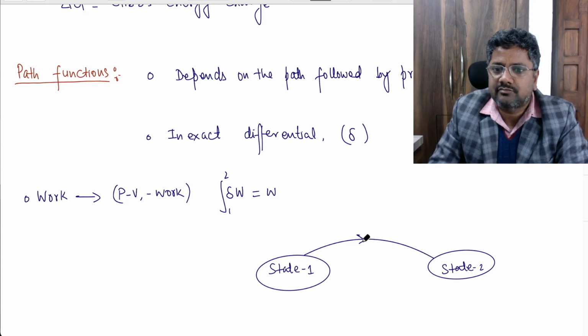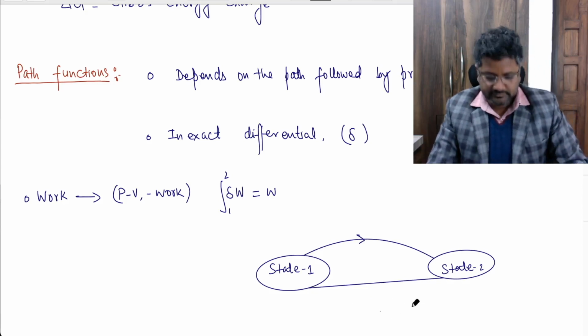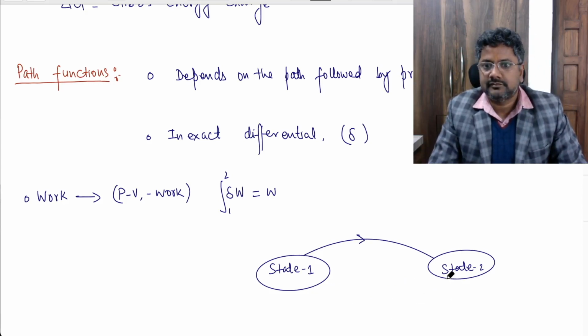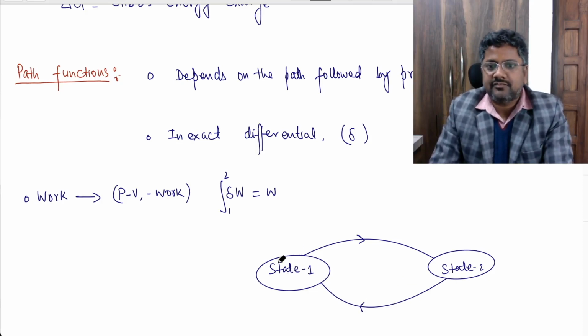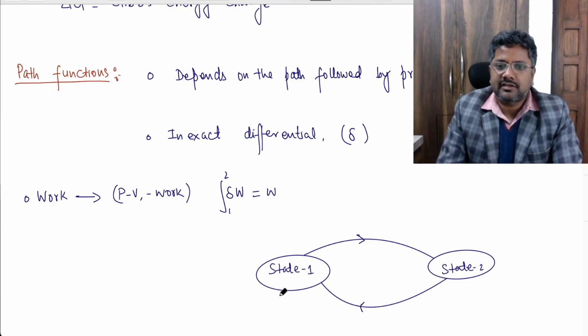This is one path, and again we are moving from here to here, this is another path. So we have started from here and moved to here, and again we are moving back to the original state. So this will constitute a cyclic process.